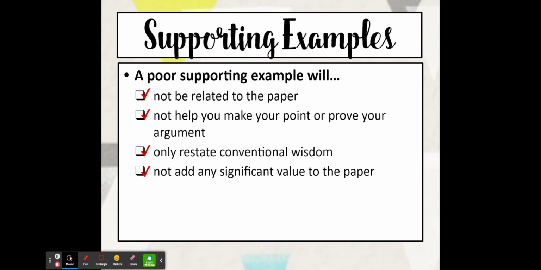So for example, if you are writing an article about why cell phones are good for students and should be used in school, and you start pulling a piece of evidence that talks about how phones allow students to keep in touch with family members.